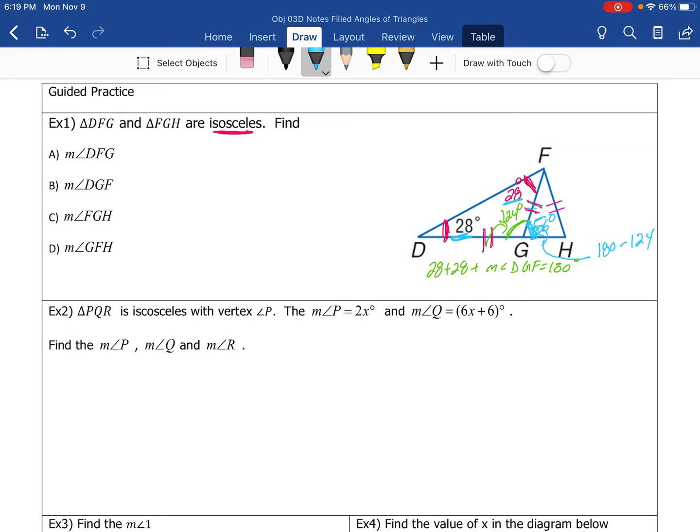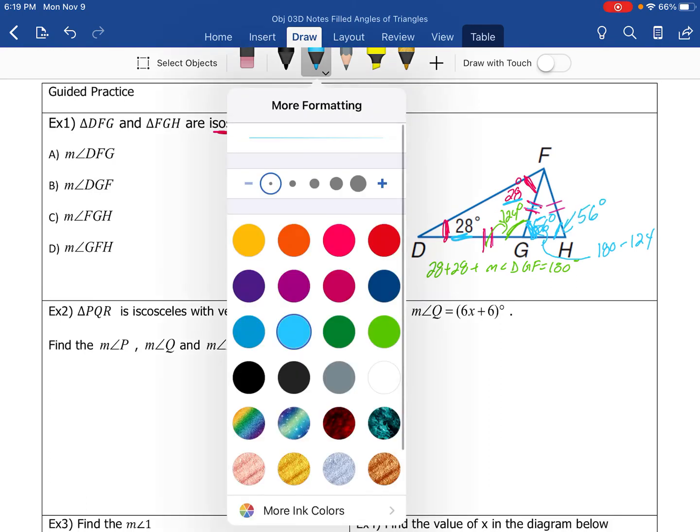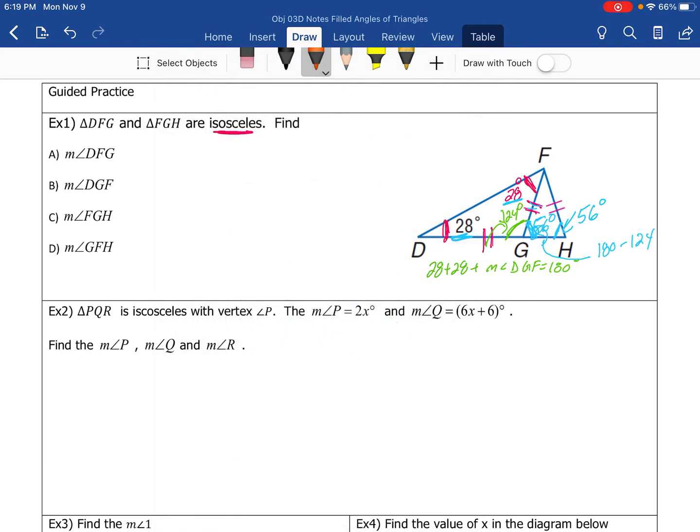Because these two sides are the same, this angle right here also has to be 56 degrees because of the base angles theorem. And last, how do I find this angle? The three angles in a triangle add to 180, so it's 180 minus 56 minus 56, so 180 minus 112, which is 68 degrees.